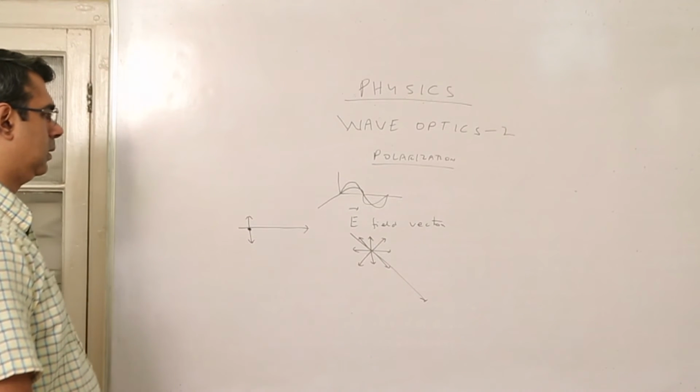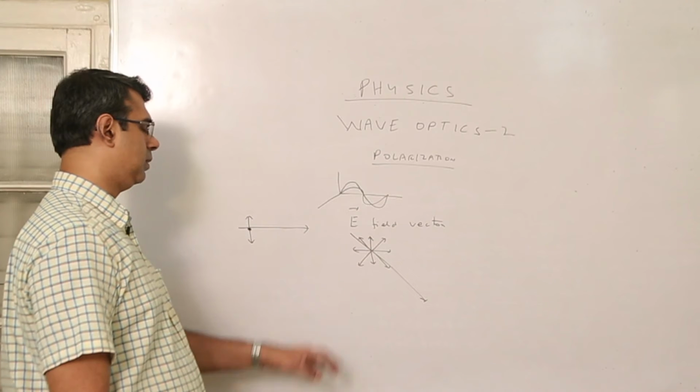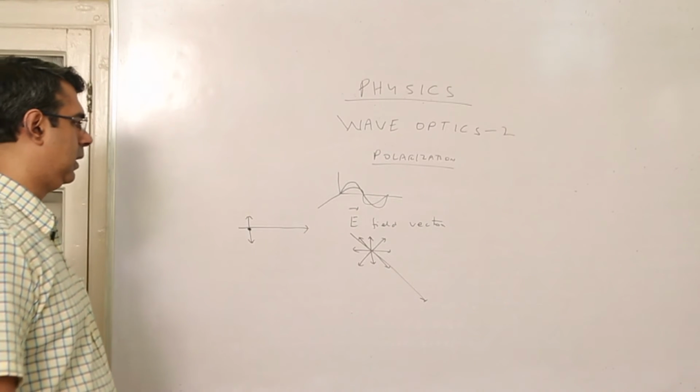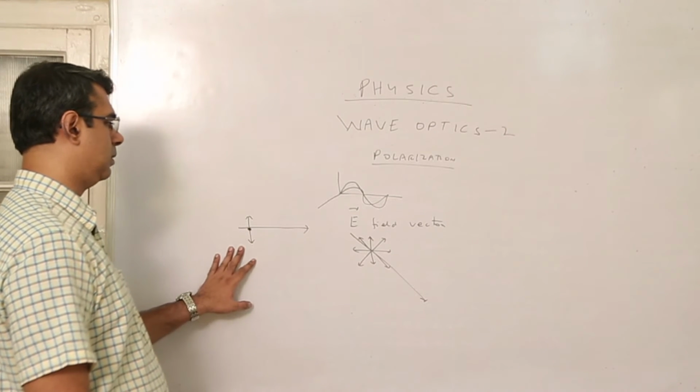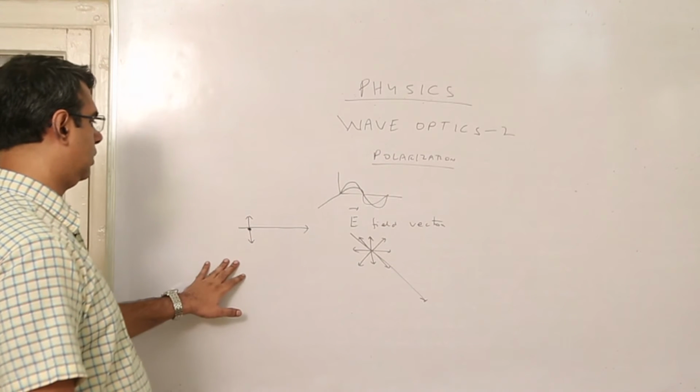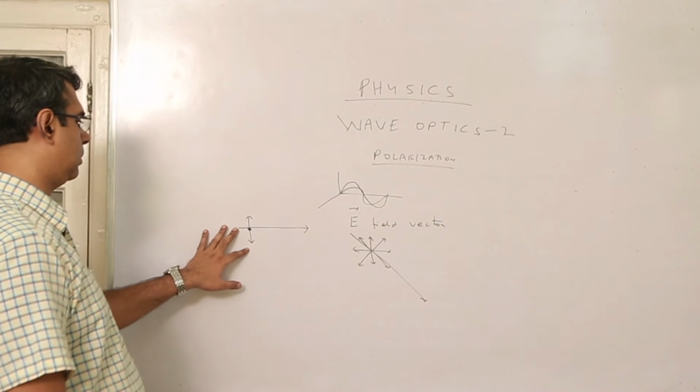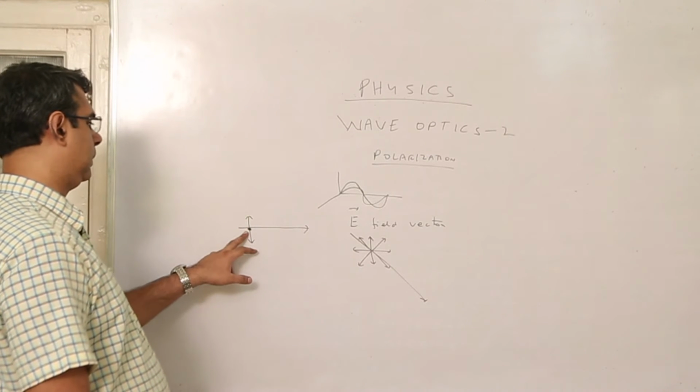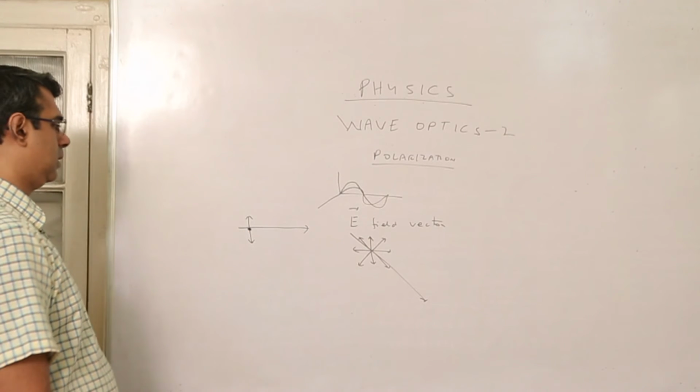Once again, the electric field vector can have infinite directions, but for our convenience we will consider two: one on the plane of the board, represented by this double arrow, and the other perpendicular to the plane of the board, represented by this dot.